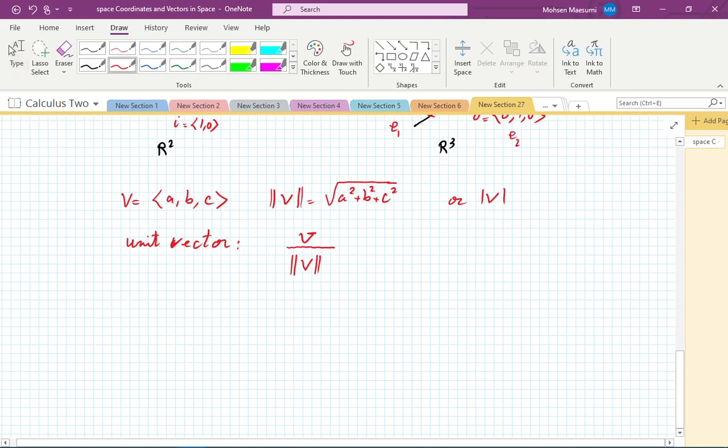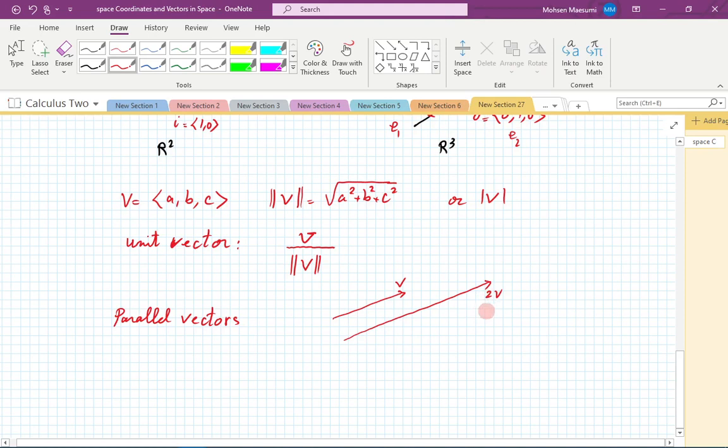An issue that comes up in some of your homework is the issue of what parallel vectors are. Exactly what you think. If you have a vector and you multiply it by some number, it might stretch or shrink. So if you have a vector V and double it, these two obviously are parallel, they have the same direction.